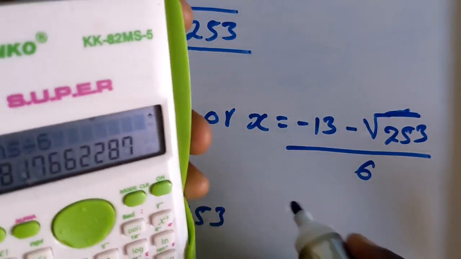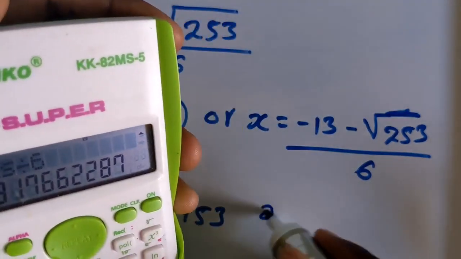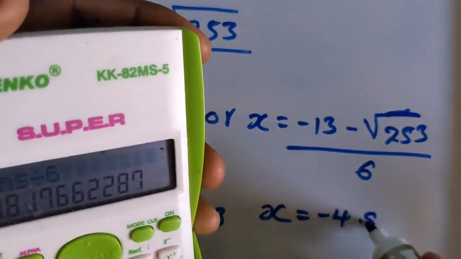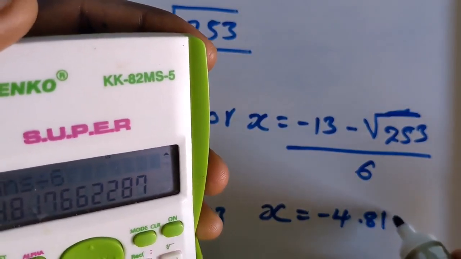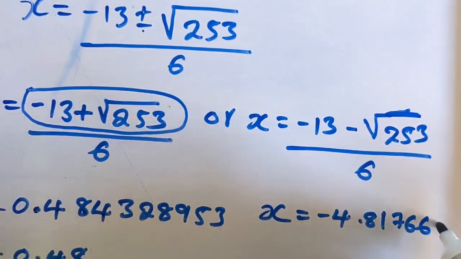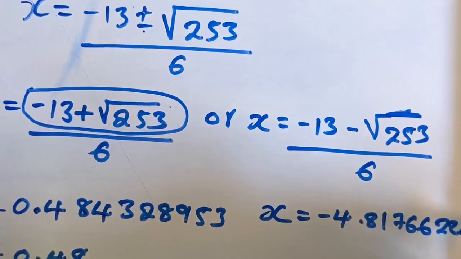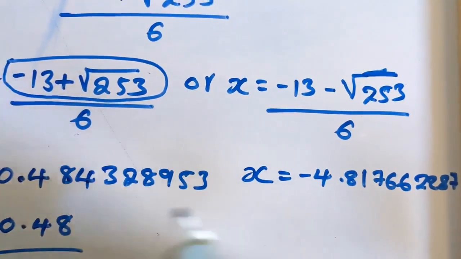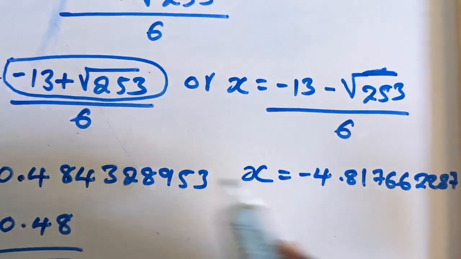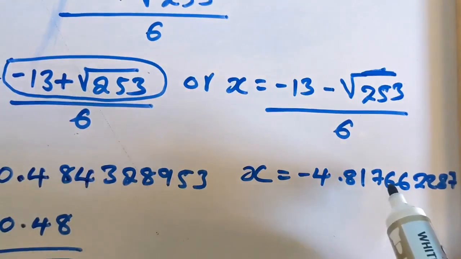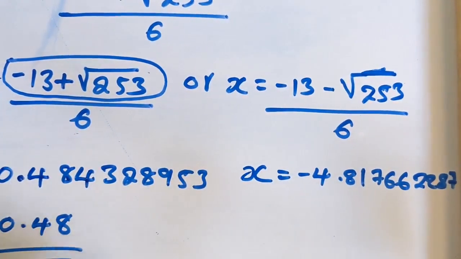So this is the answer: x is equal to negative 4.81767662287. Make sure that you write this, because this will give you 1 mark. Don't just go direct and find the final answer. First, you need to write this so that they know where that 0.48 is coming from.